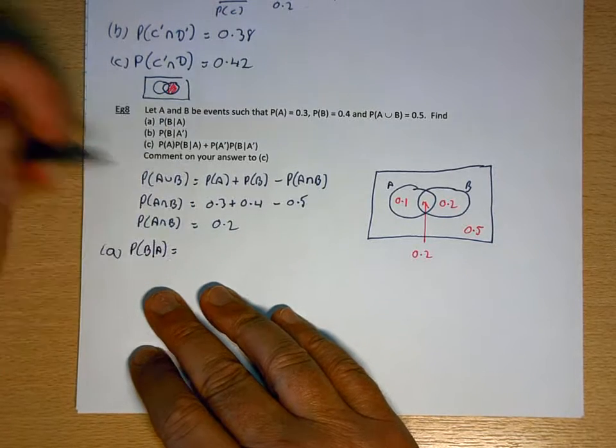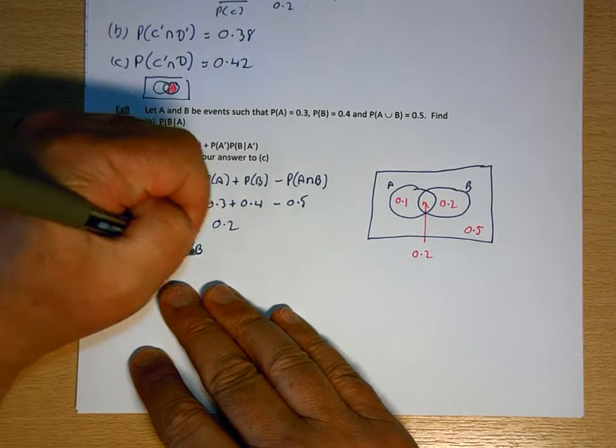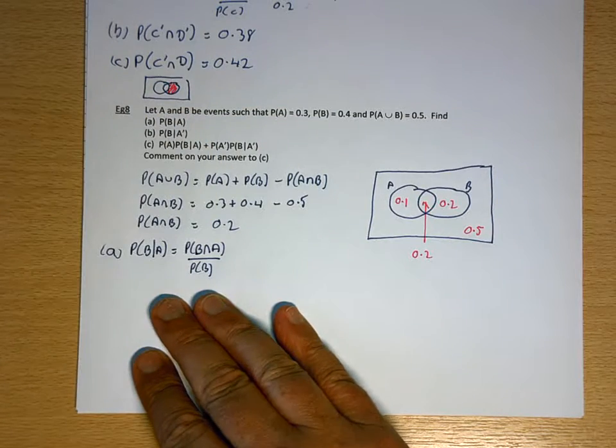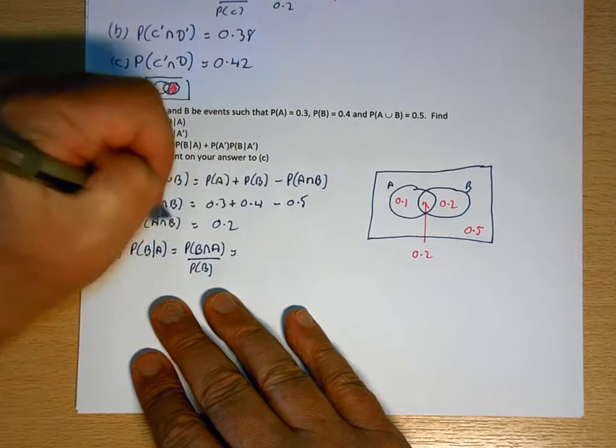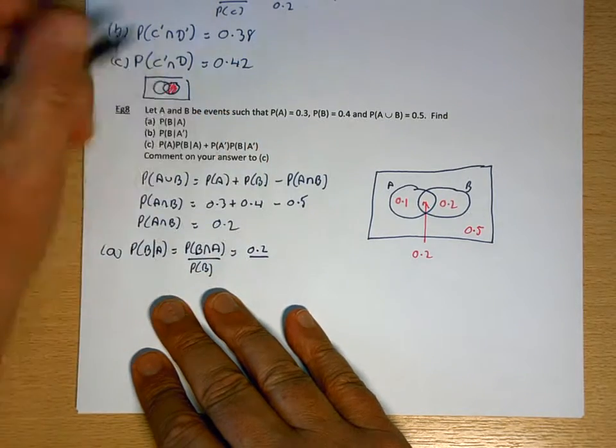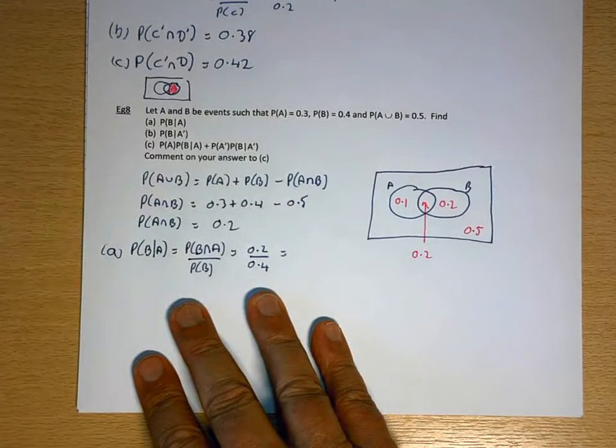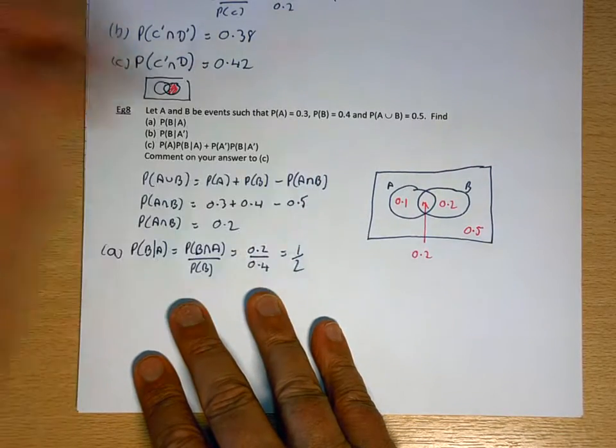So probability of B given A: probability B and A, the intersection, over probability of B. Intersection 0.2, B 0.4, probability half.